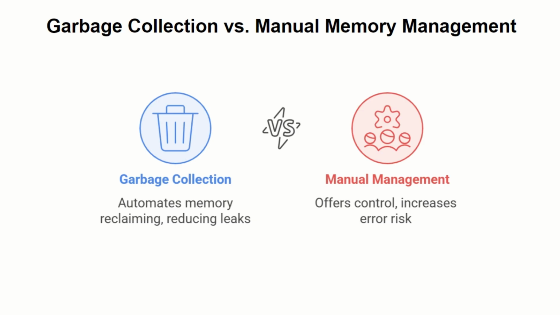There is a low risk of errors in GC, but a high risk of memory leaks and dangling pointers in manual memory management. Sometimes GC causes unpredictable pauses, while manual memory management gives more control over memory but can be error-prone.